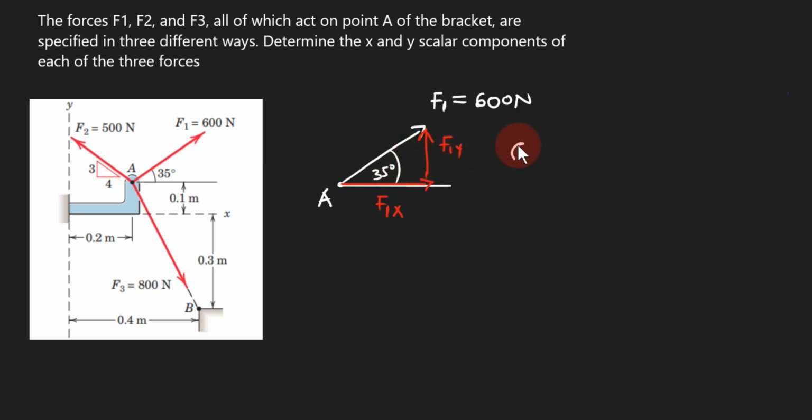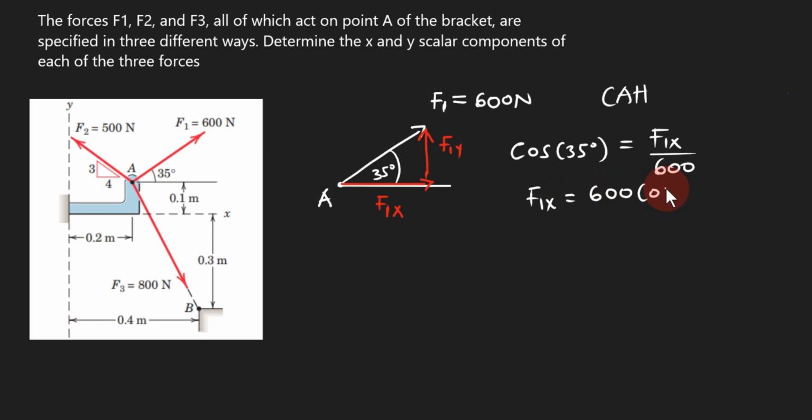Cosine is the adjacent side over the hypotenuse. The adjacent side is F1x, and the hypotenuse is the 600 Newton. So F1x is equal to 600 cosine of 35 degrees.